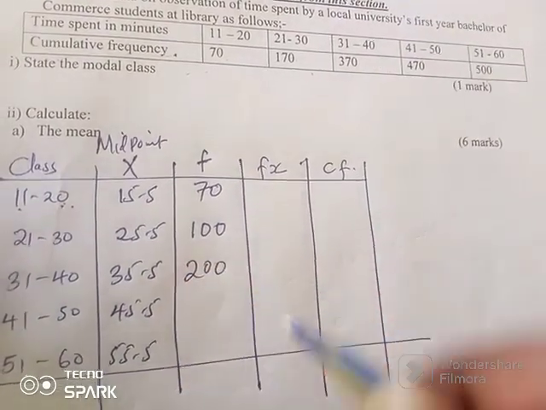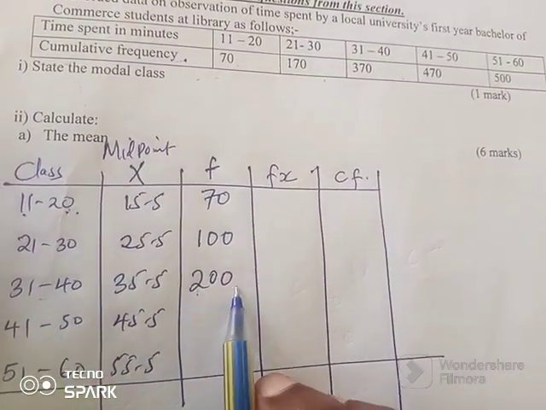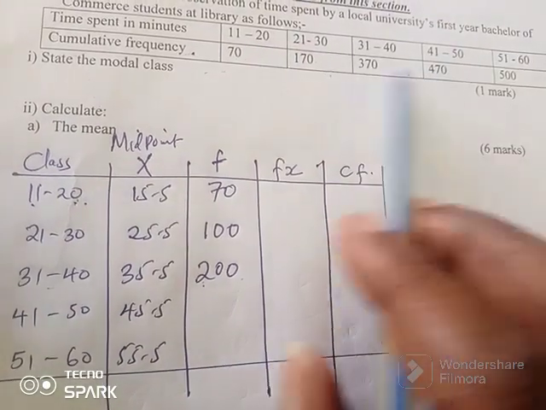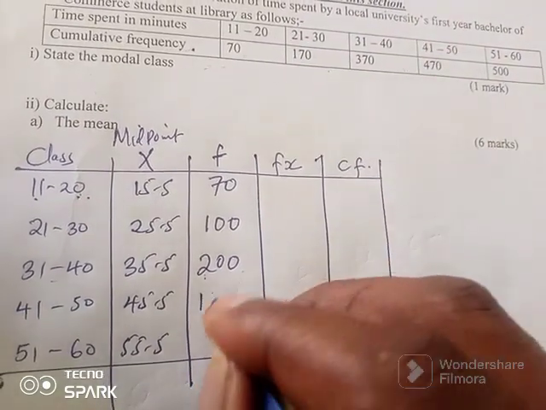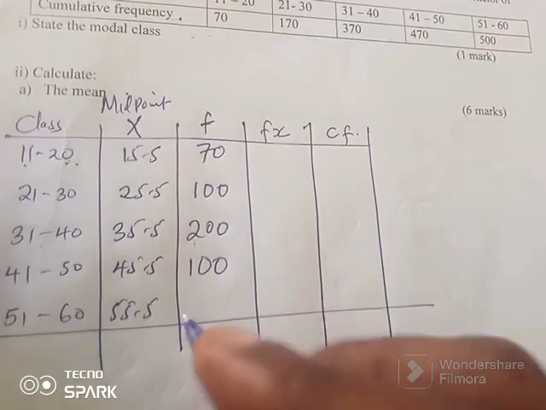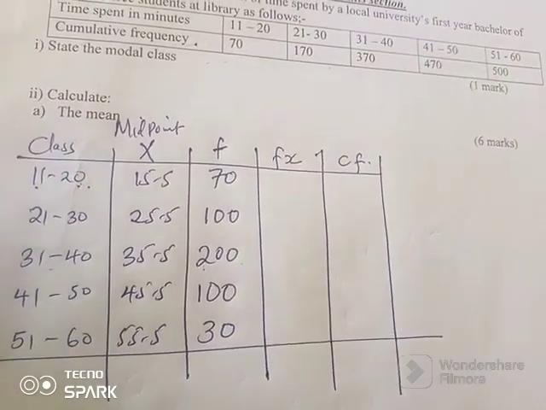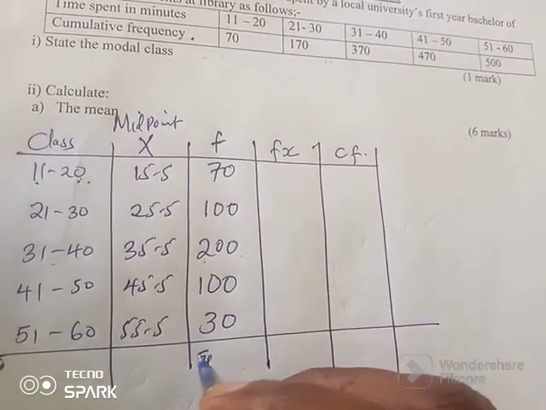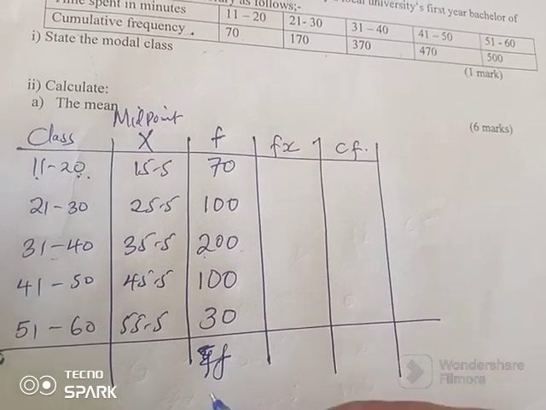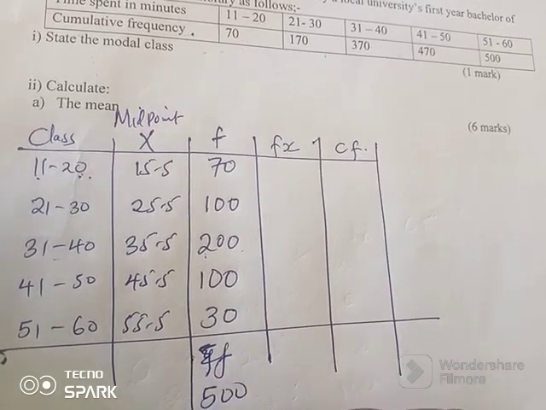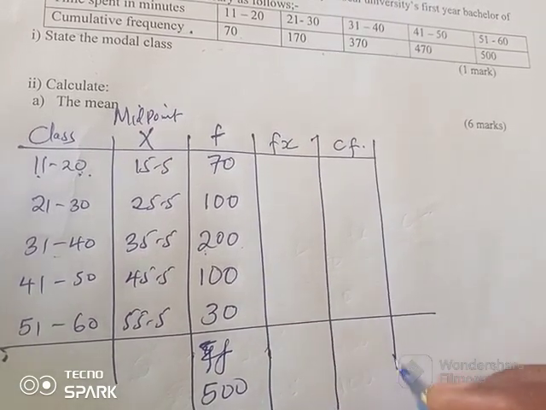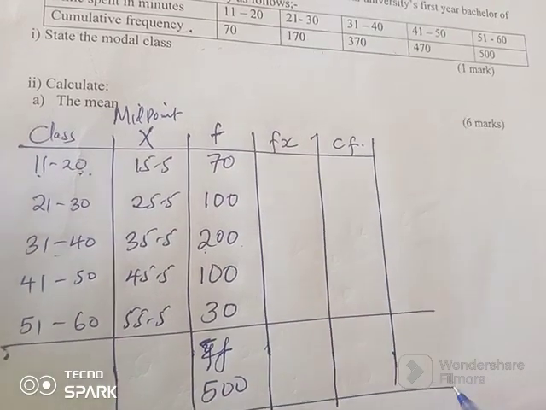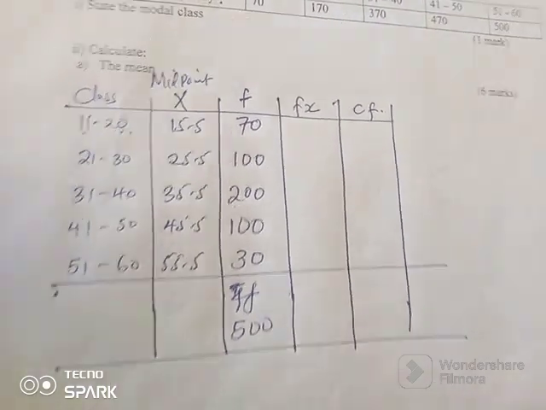So the frequency of the third class is 200. Doing the same, this one will be 100, and finally we get 30. This gives us a total summation of frequency as 500 items. So I hope we are together.